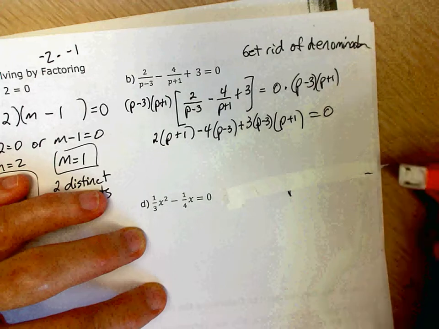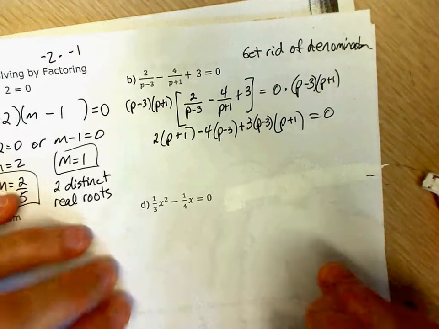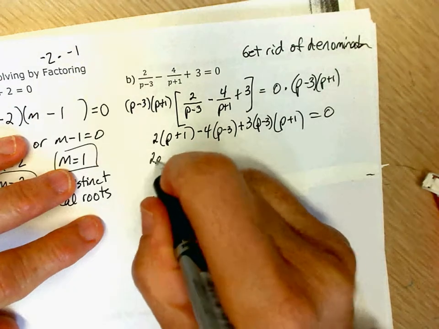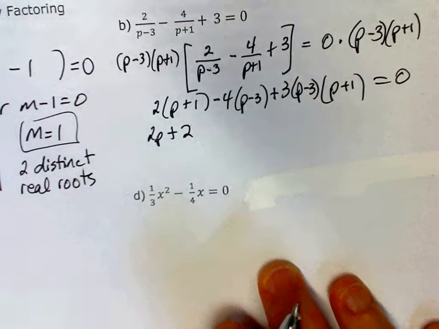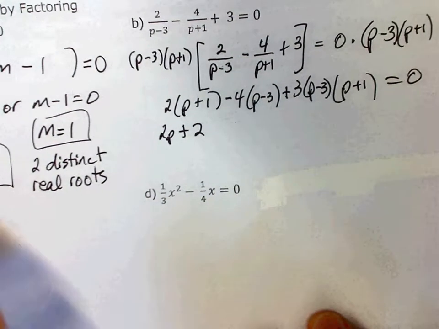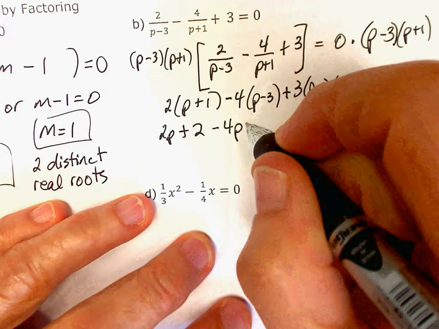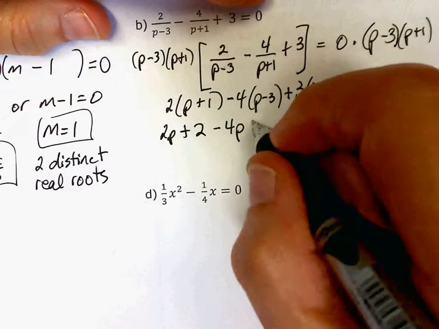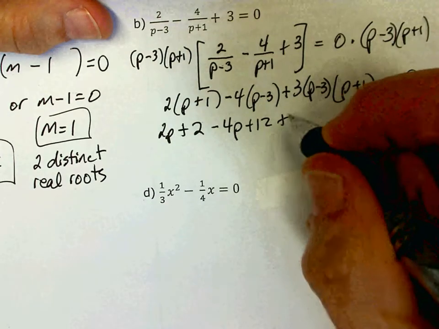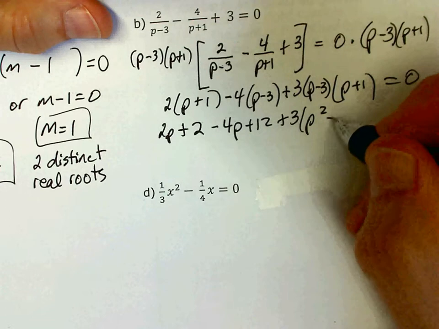But you know that here you should get rid of the denominator also. So 2p plus 2. I hope you can see that okay. Maybe I'm going to just zoom in. It's going to go blurry a little bit, but it'll clear up. Okay, minus 4p plus 12, plus 3 times, I'm going to FOIL here, p squared minus 2p minus 3 equals 0.